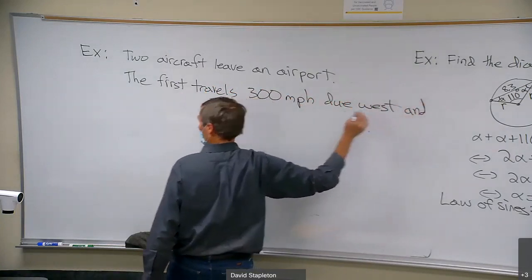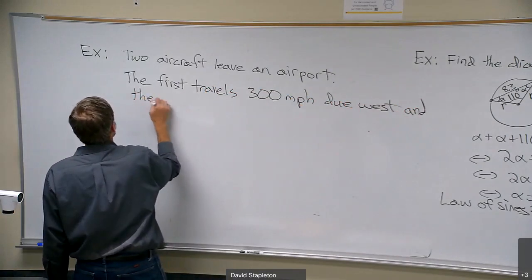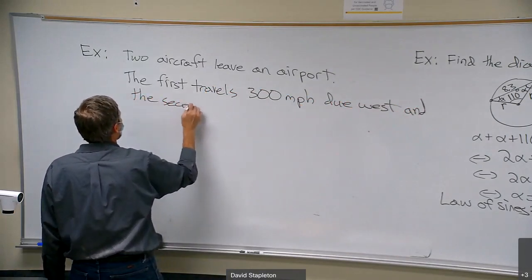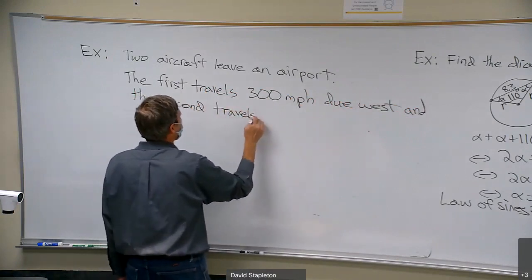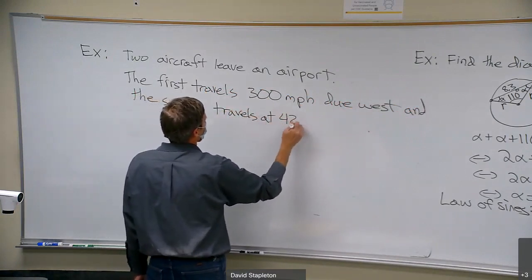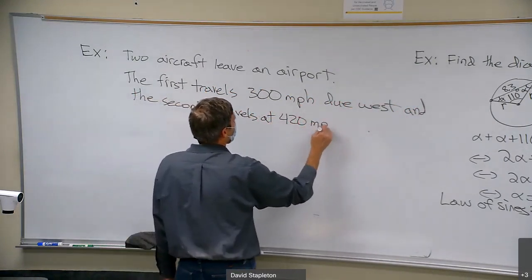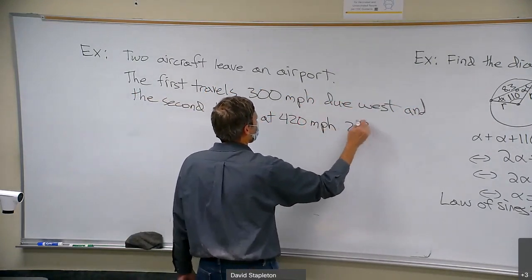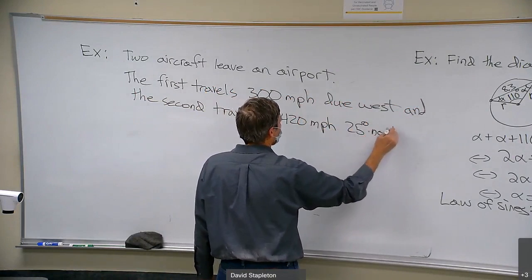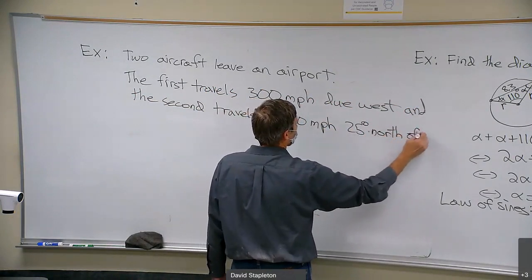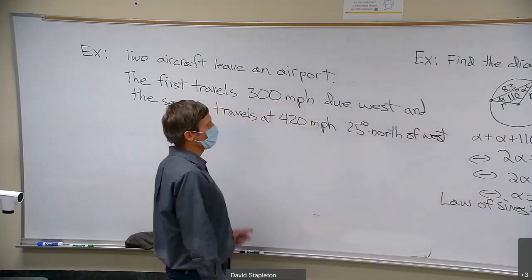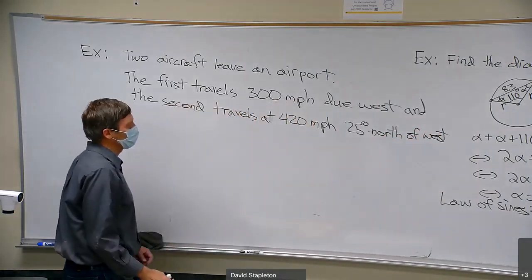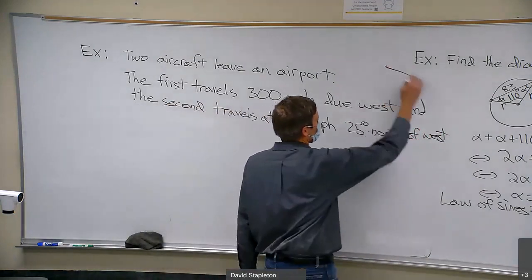And the second travels at 420 miles per hour, 25 degrees north of west. I think usually they put west of east or west of north or south, so it's kind of an odd way to put it, but we still know what we mean here, right?